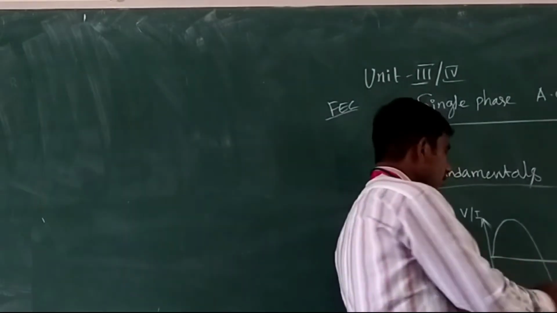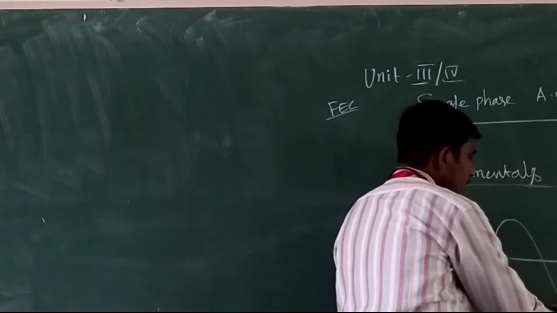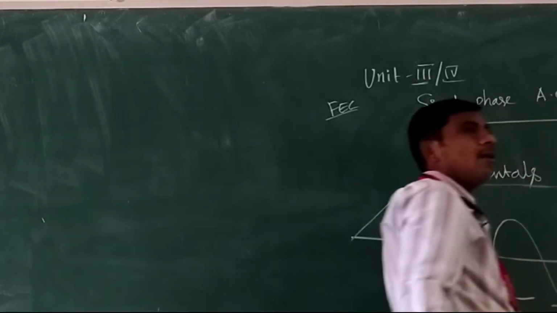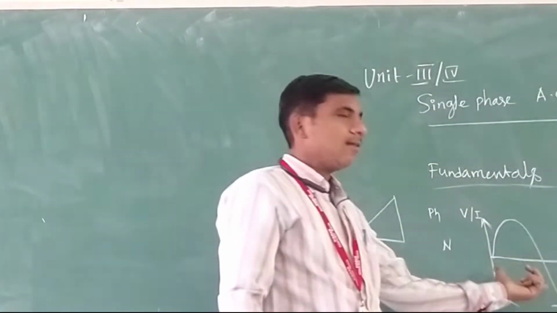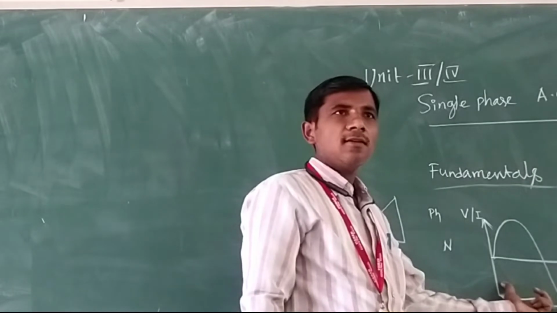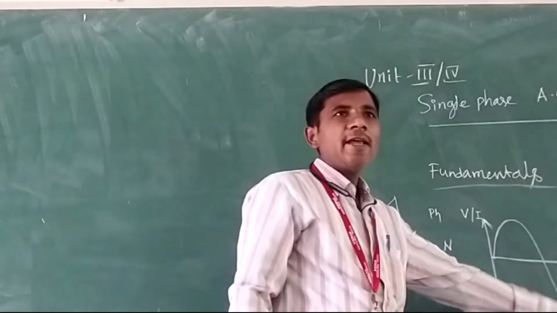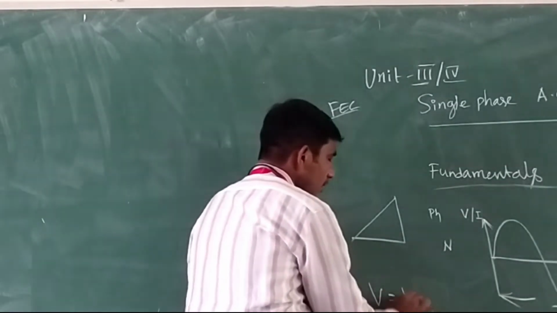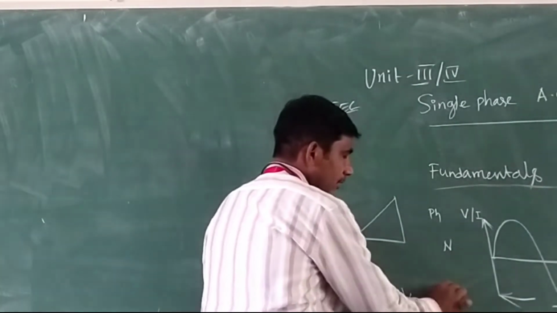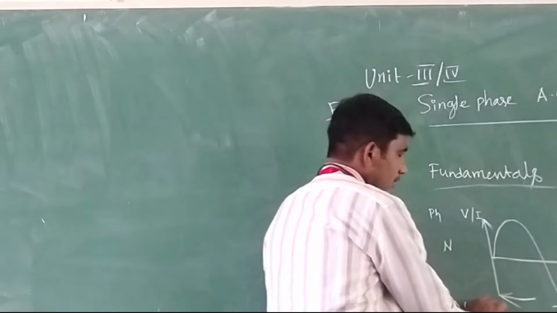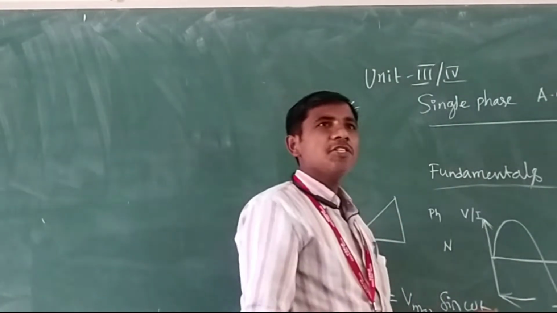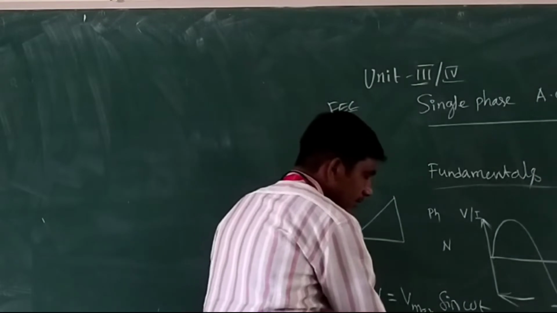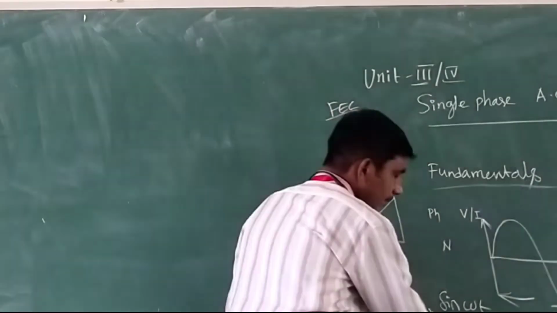What is meant by time period? Suppose the quantity is varying with respect to time like this. What is the time period of this signal? This is the sinusoidal signal. It obeys the sine rule. We can write V equal to V max sine omega t for this, and the current equation is I equal to I max sine omega t.